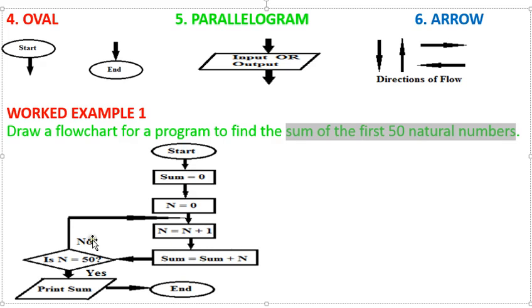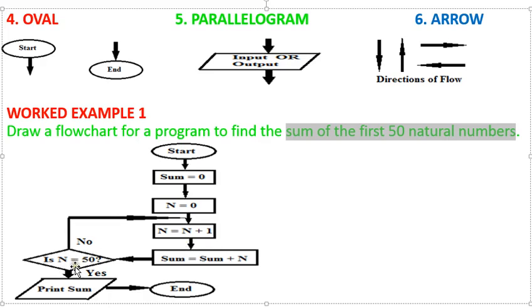After that, you have to investigate whether you have reached the 50 numbers. Of course, since we have just taken one now, if you say is n equal to 50, of course it is not. Then it will go back here, take another number, add it to the summation, go back, and take until it says okay, n is equal to 50, which means we have added all the 50.